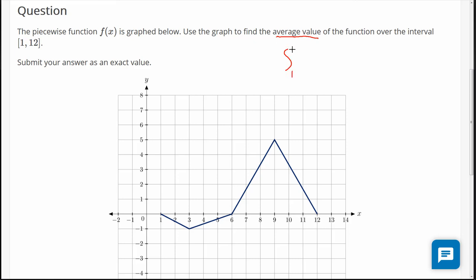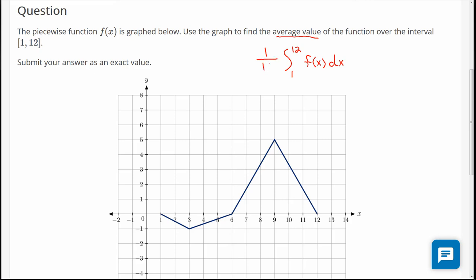So it's the definite integral from 1 to 12 of the function f of x. That right there is what we call the signed area. It's what we call the definite integral, and the definite integral is equal to the signed area. And then you just have to divide by the length of the interval.